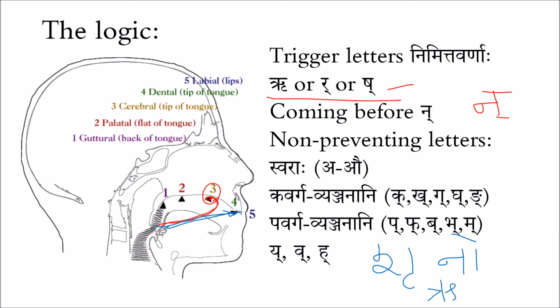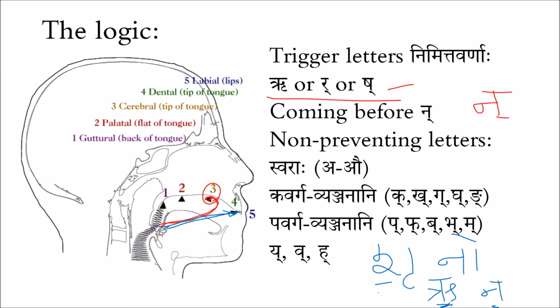Nuti. And after sh there is a ru and there is a na. There is a trigger letter and after that is na. Now what is happening here? When we are saying r, this vowel r, it is a murdha, right? Which is shown here in red. The tip of the tongue is rolled back, touching the murdha, number 3 position there. And na is the danta.